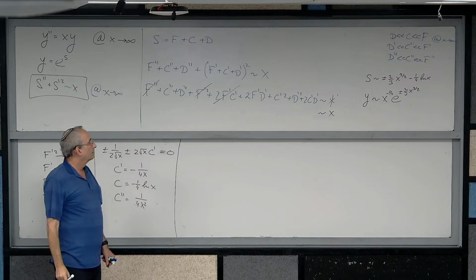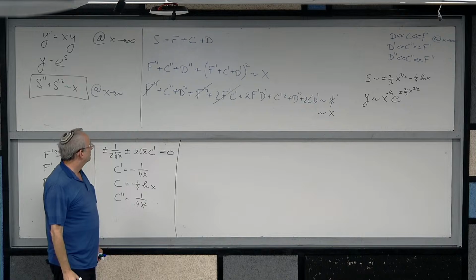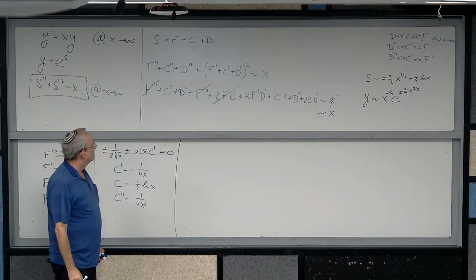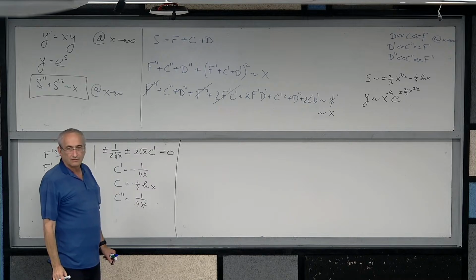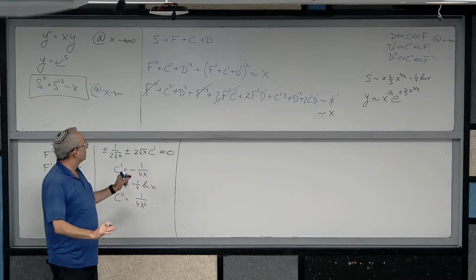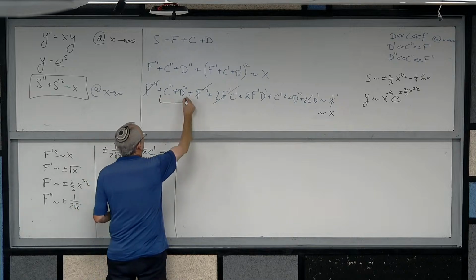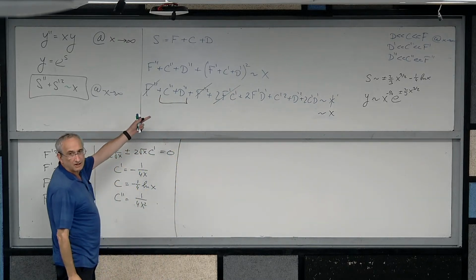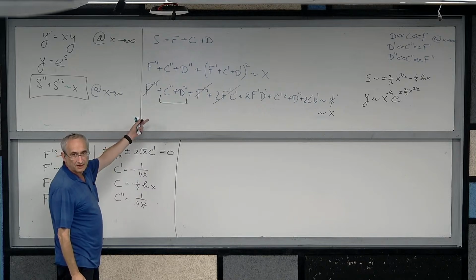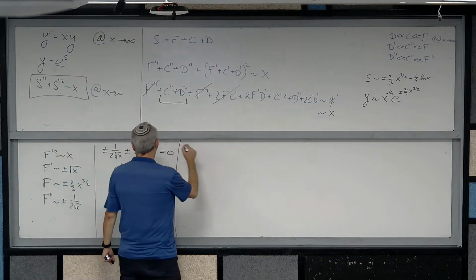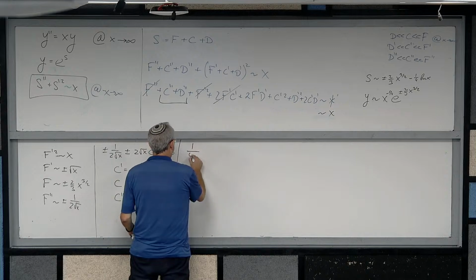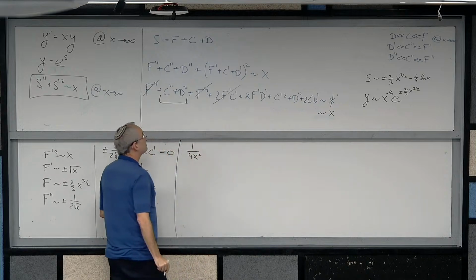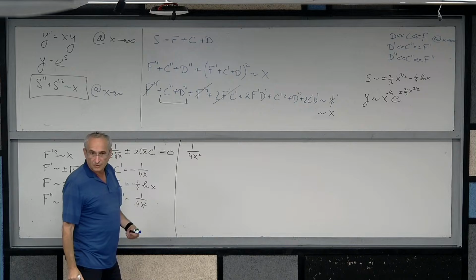It depends on how much bigger f is than c, in contrast to c over d. Okay, let's see. From these two, I know that c double prime is much larger than d double prime. So I will keep only c double prime, which is 1 over 4x squared. You see? Okay?